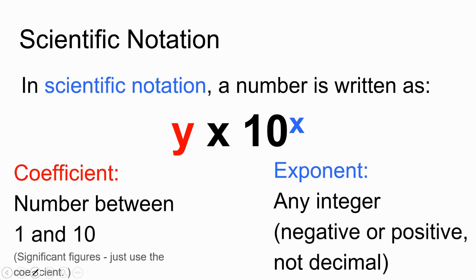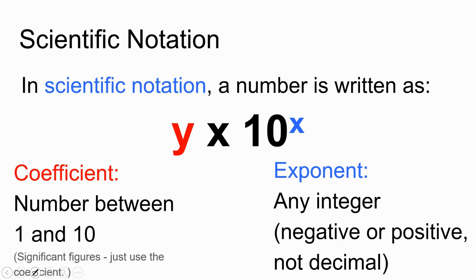Okay, the last thing that we need to talk about today is scientific notation. So we've got our coefficient times 10 to the exponent. So this coefficient needs to be between 1 and 10. And when we're talking about significant figures with scientific notation, this is the only number that counts for significant figures.